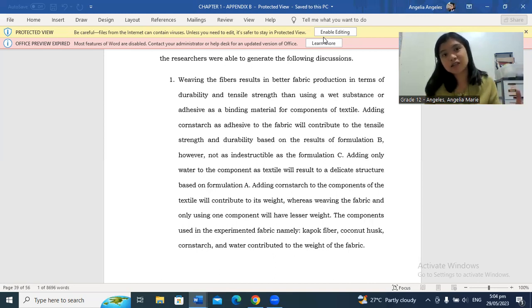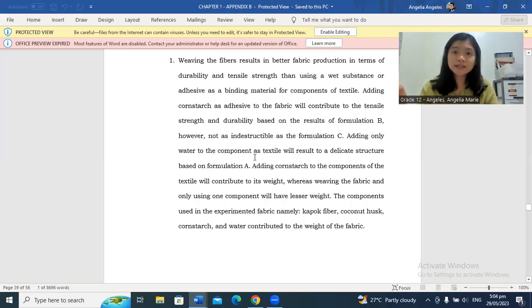Napansin naman natin, it's been observed that our formulation with the wet substances as binding material resulted in less of our expectations. Okay? Adding cornstarch as adhesive to the fabric will contribute to the tensile strength and durability, but it was not as indestructible as formulation C. Okay?